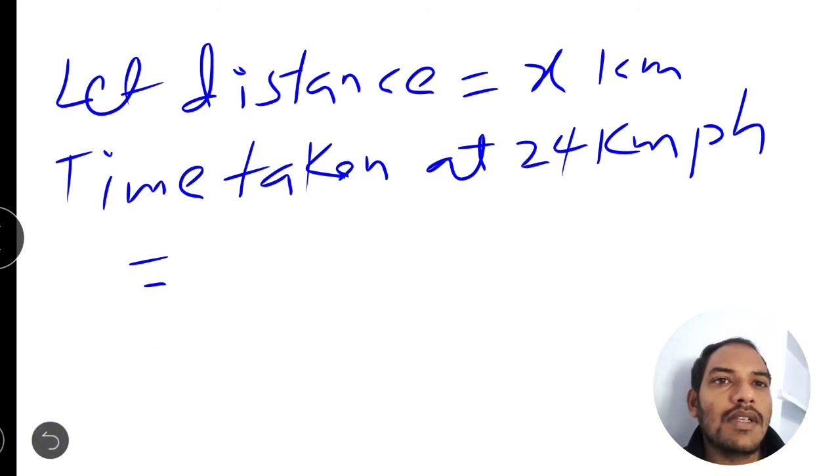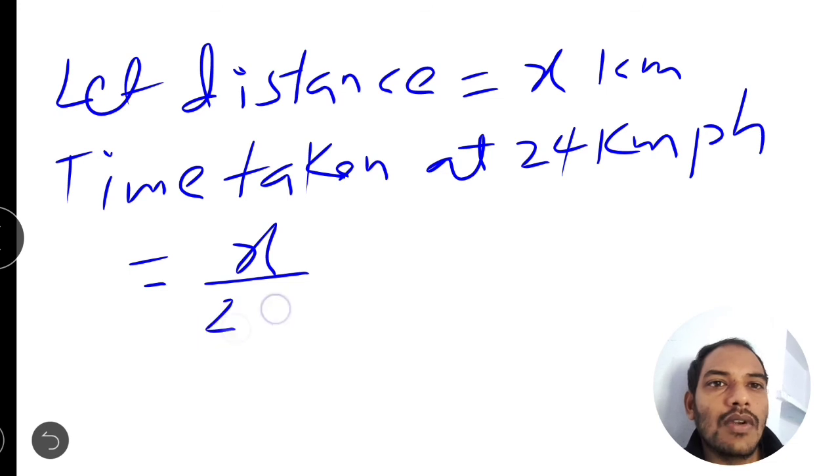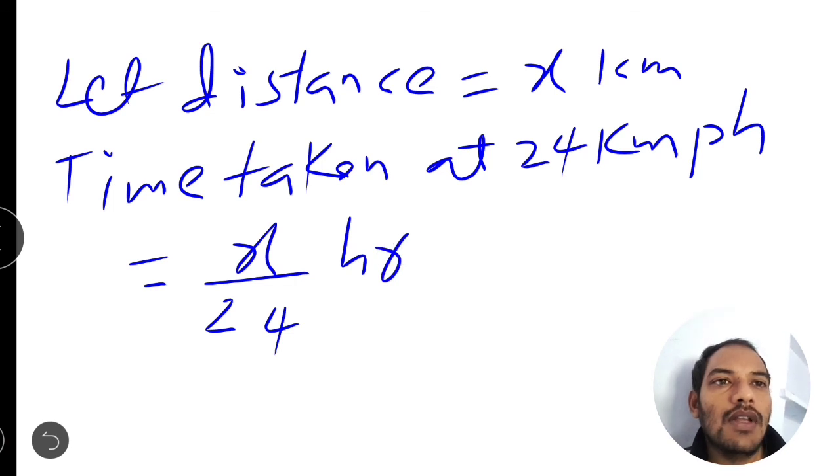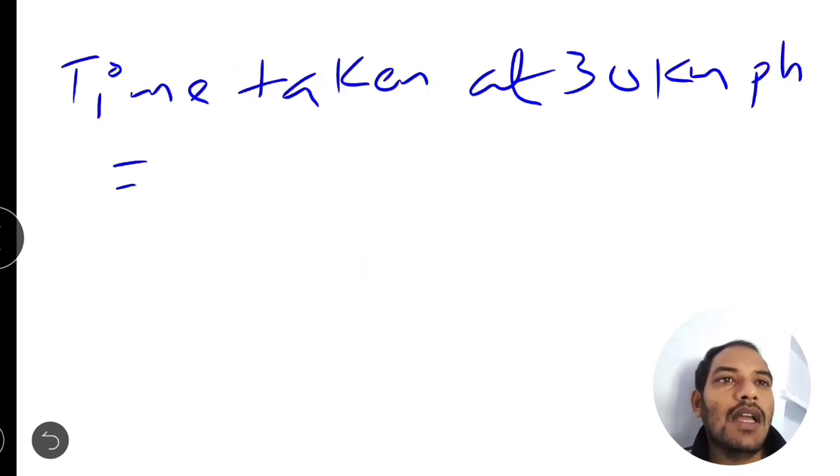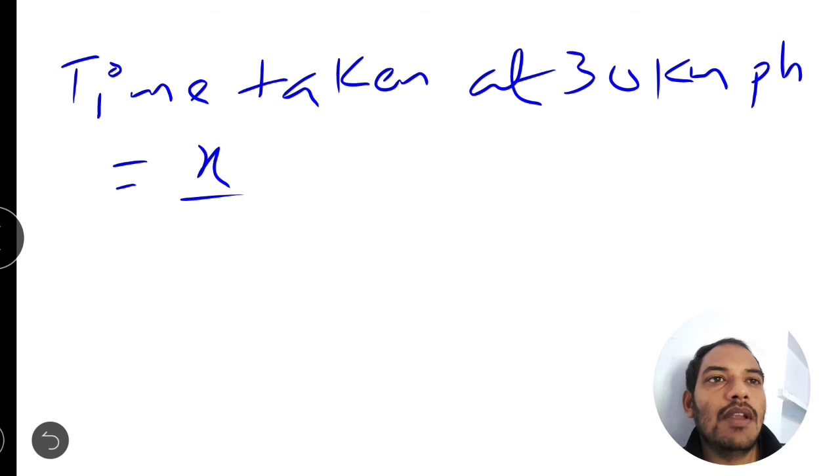What is the distance? x kilometers divided by speed, how much? 24 km/h, and the time will be in hours, so x by 24. Similarly, time taken at 30 kmph equals distance x, and the speed is 30 km/h, and this time will also be in hours.